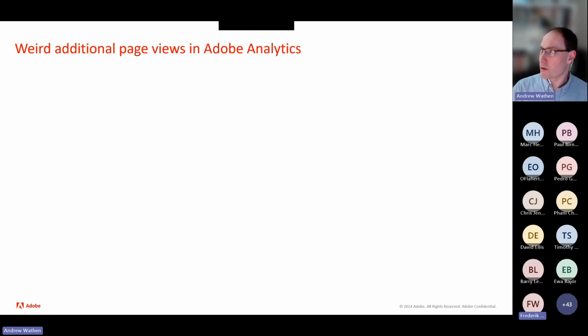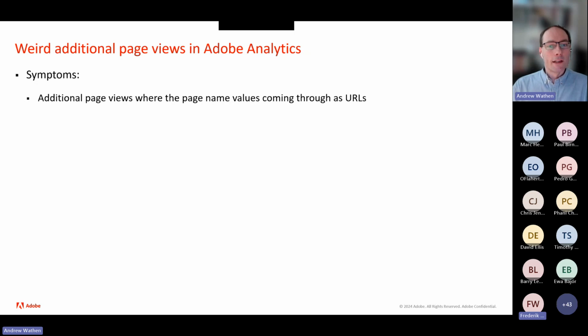When we were having problems with all the click tracking stuff, or some problems with Target and things like that, sometimes we'd end up with weird page views turning up in Adobe Analytics. The symptoms of those weird page views is page views you weren't expecting, but also often the page name values coming through as URLs.